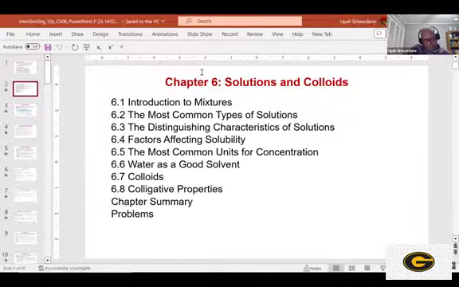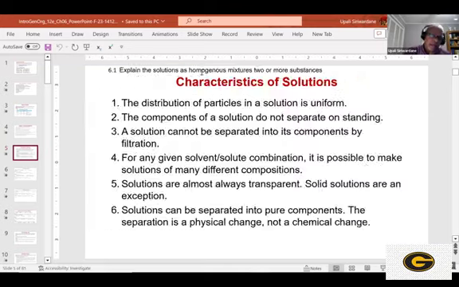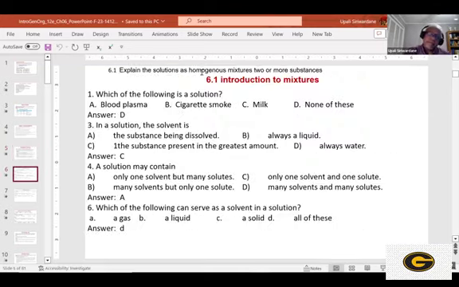Characteristic of solutions. Factors affecting solubility. Concentration unit. What is a good solvent? So go through characteristic described in the question.